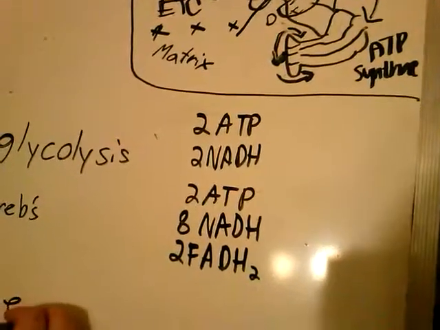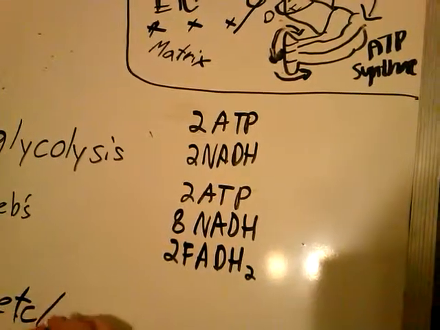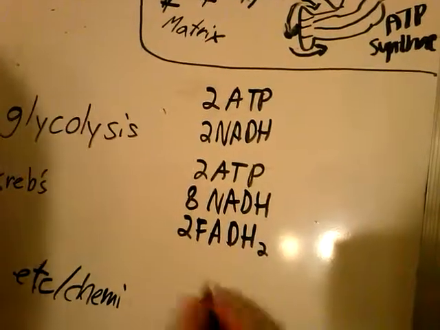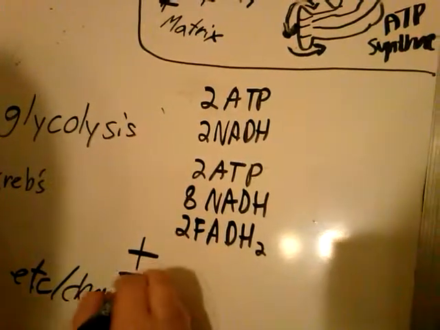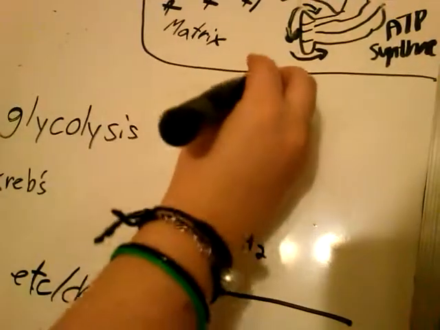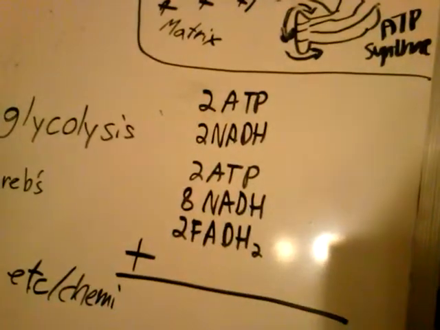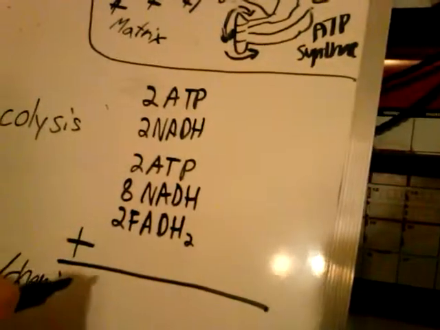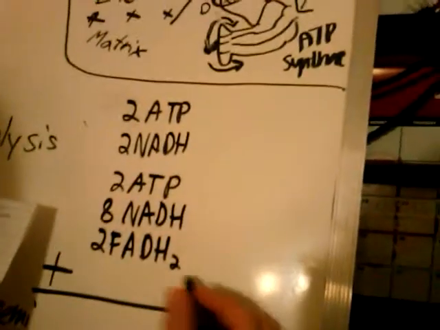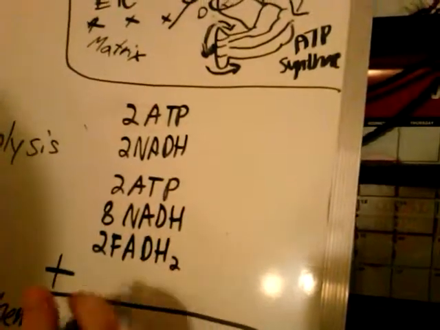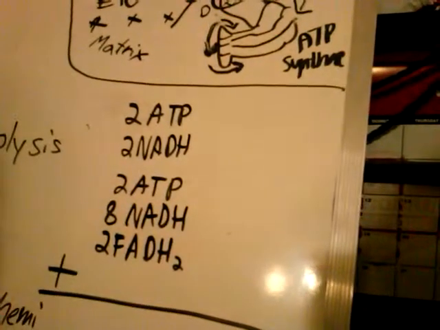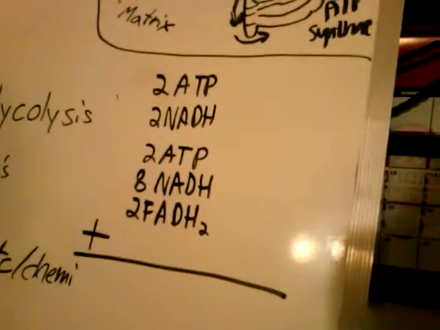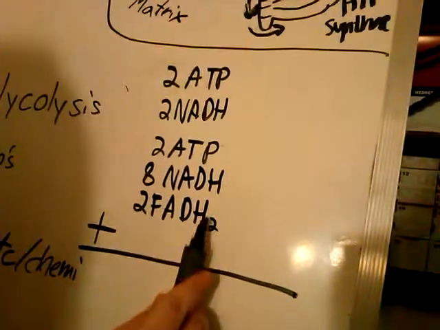Then in the ETC and chemiosmosis, we didn't get any, but we get the final product of all of these. It's lovely, isn't it? Basically, as we said, it makes ATP, but it makes ATP from the things that are already made here.